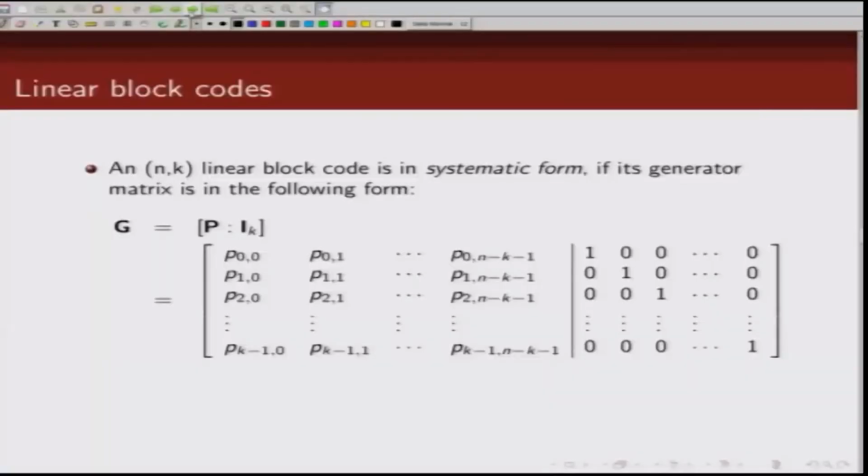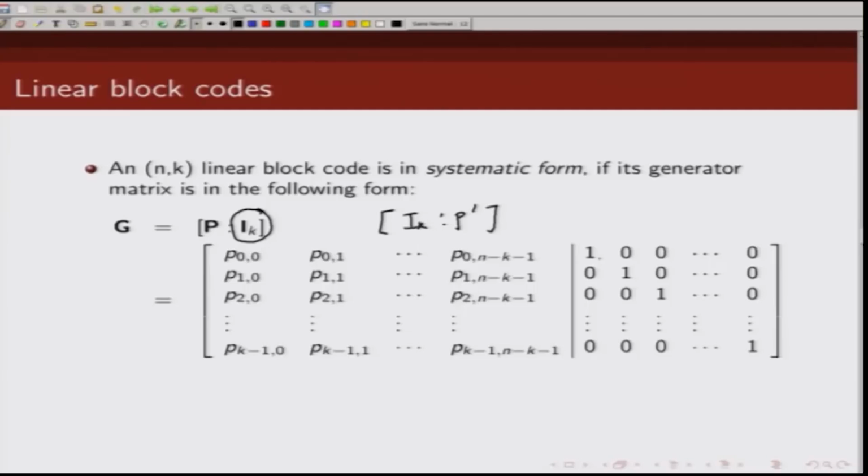So, a generator matrix for a linear block code in systematic form will be of the form like this, or it would be basically of the form of I_k times some matrix, either of this form. Now, why do we say that? Only when we have a part of the generator matrix of the form of identity, what is going to happen?